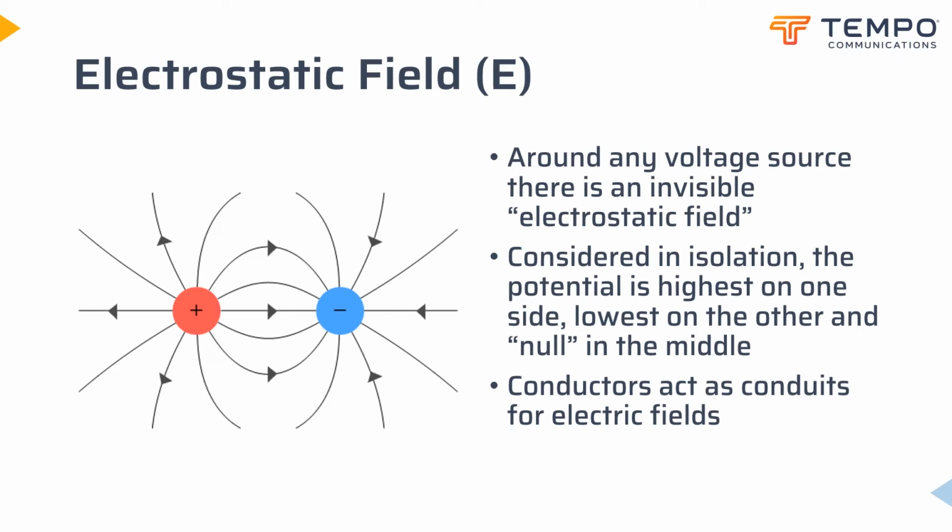Between the 2, there will be a point where the net potential is 0. The E, or electric field, may be steady as from a battery, or the static electricity from a polyester shirt, or alternating, such as from mains electricity or an oscillator. More on that soon.